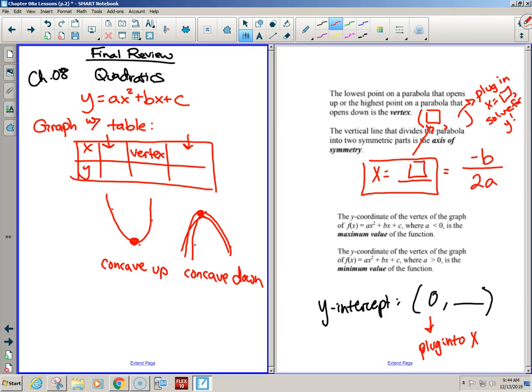C. Close. C is actually the one that tells me where it shifts. This shows me if it's moved up or moved down. But what's the one that tells me whether it's a happy one or whether it's a sad one? That's A. Keep going. Yeah. The A guy.